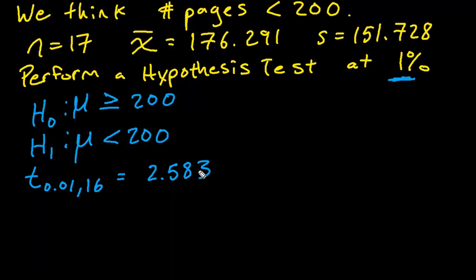But this isn't the actual critical value that we need, because we have to remember that we are doing a left-tailed test, so our critical value needs to be negative. We need to make sure we make that negative for it to be our correct critical value.